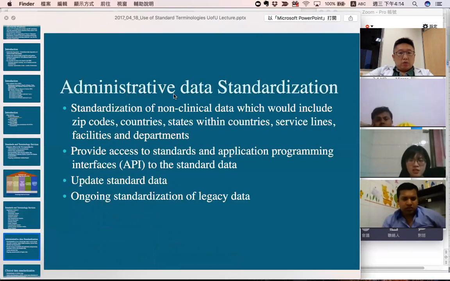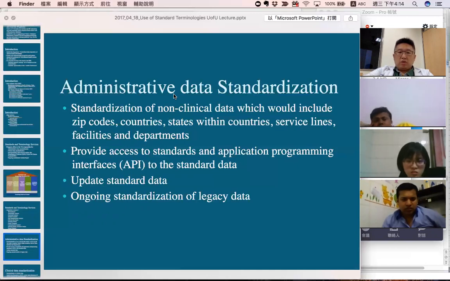Actually, we have a course that covers how to standardize administration data, but that is mostly based on the United States system. They talk about the CPT code and the AHRQ code.